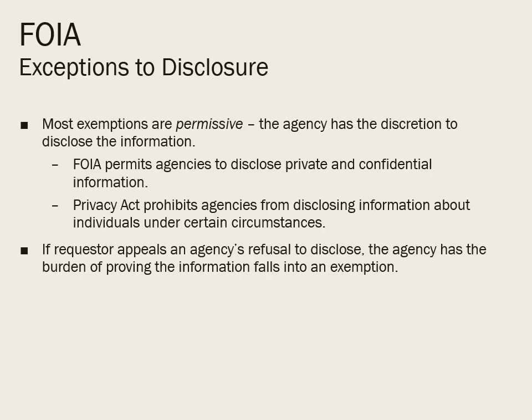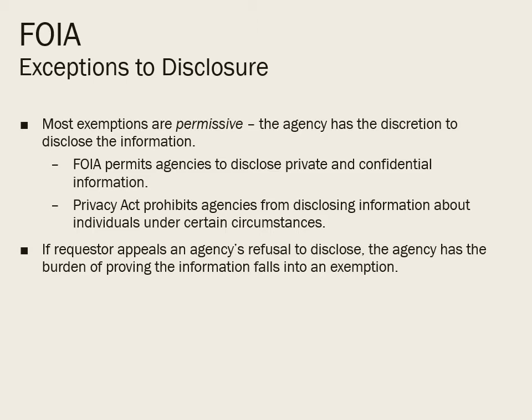Now, there are a lot of exceptions to disclosure under FOIA. FOIA calls them exemptions. At the state level, some states call them exceptions, some call them exemptions, but they mean the same thing. And that is that the agency is not required to disclose the information in response to an open records request. Now, most of these exemptions under FOIA are permissive.